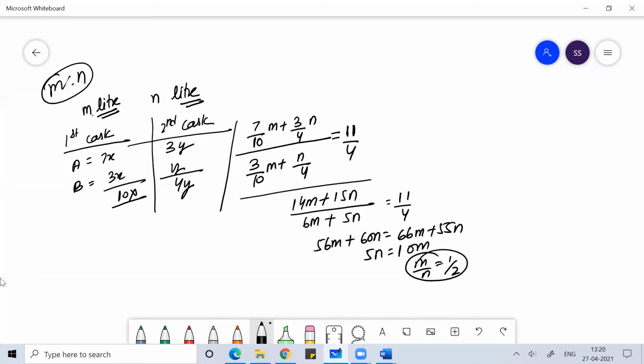Anyone, any doubt, any question? Do you want another shortcut way to do this kind of problem?